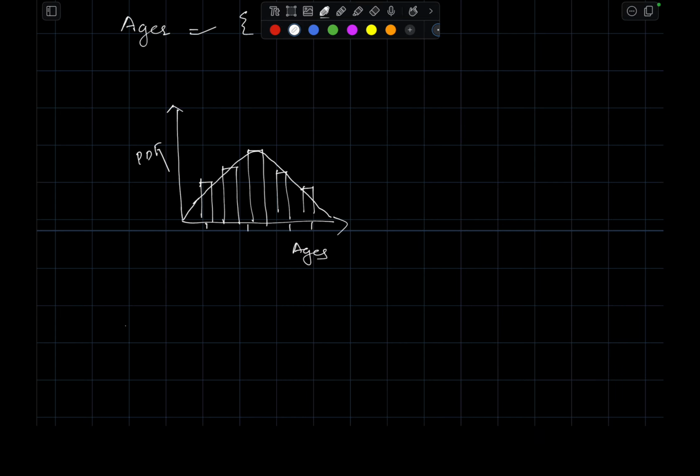And similarly, when we have discrete random variable, we will be using probability mass functions. So let's say, for example, let's take an example of rolling a dice. So in that case, if it is a fair die, we will be having equal probability for each of the cases, right? So we can get outcomes like 1, 2, 3, 4, 5, 6, and each will be having a probability of 1 by 6 if it is a fair die, right?